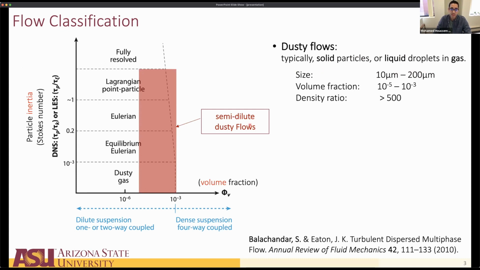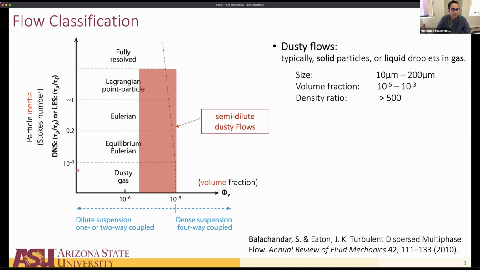The volume fractions in these semi-dilute dusty flows stay relatively low, between 10 to the -5 and 10 to the -3. These are high density ratio particles, so we can refer to them as heavy inertial particles.